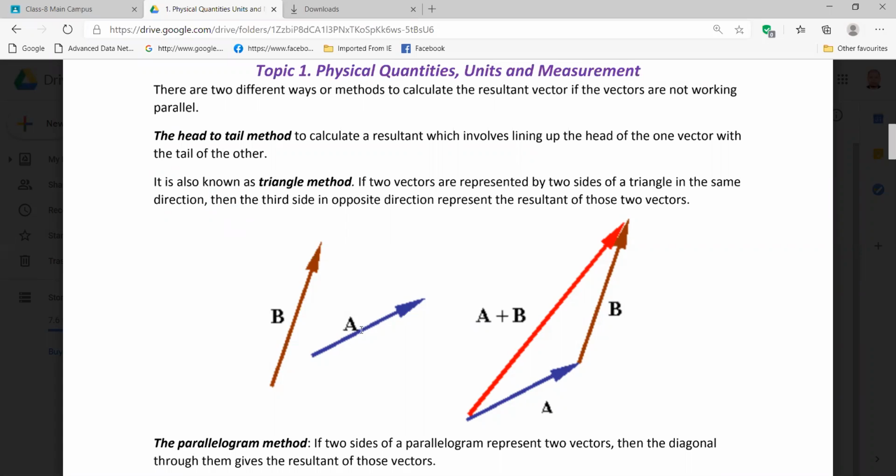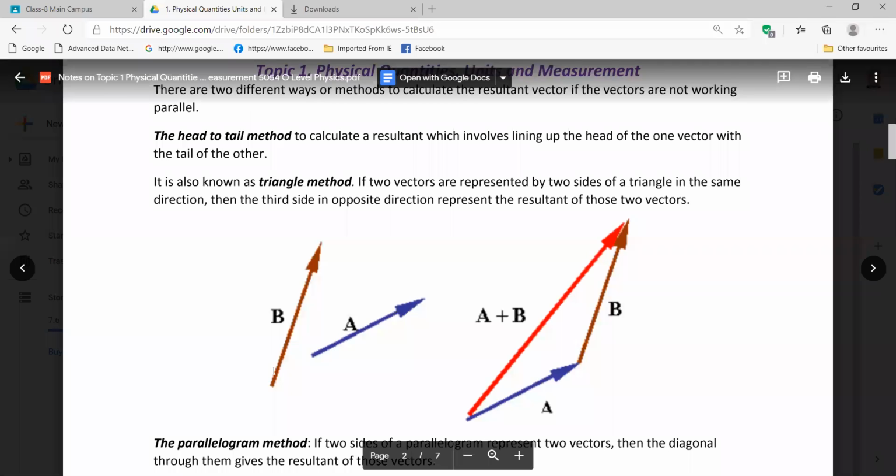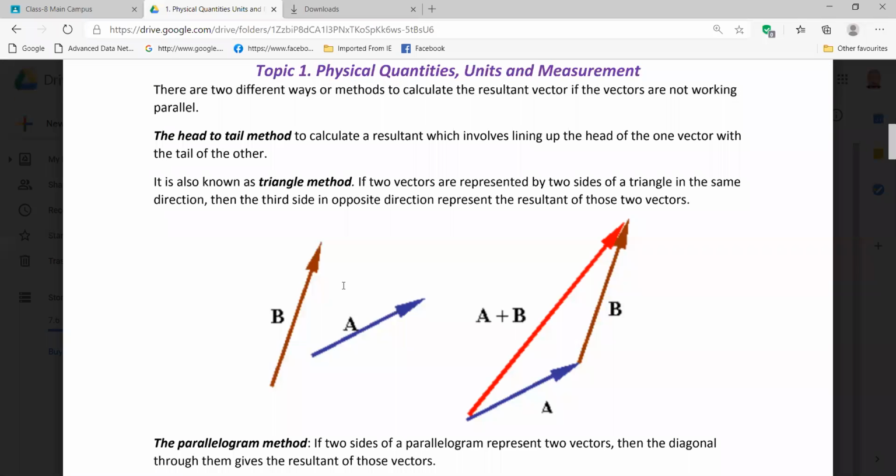Look here. We have A and B, right? These two. If you take your ruler and you measure the length, then you will find some length here, and also you will get some length here. For example, the way the screen is showing in front of me, it's like 1, 2, 3 centimeter, because today I made it a little bit bigger.